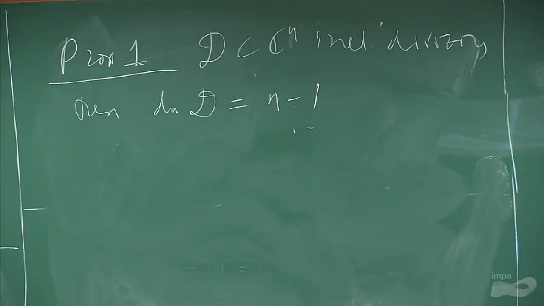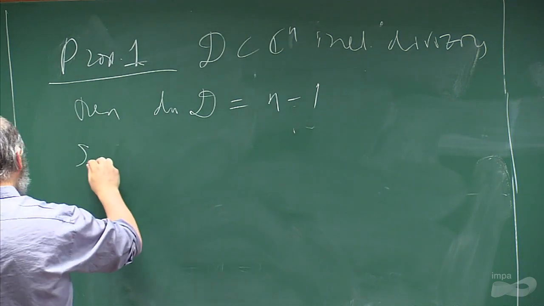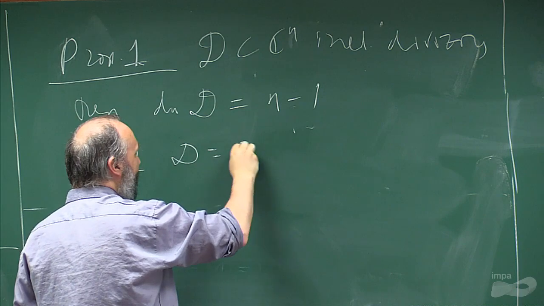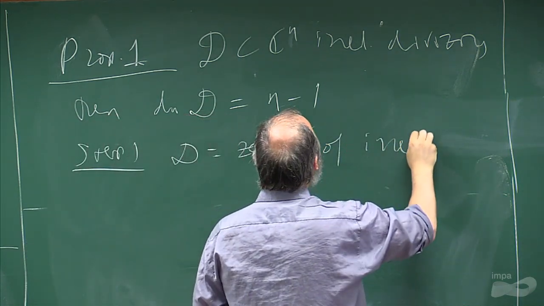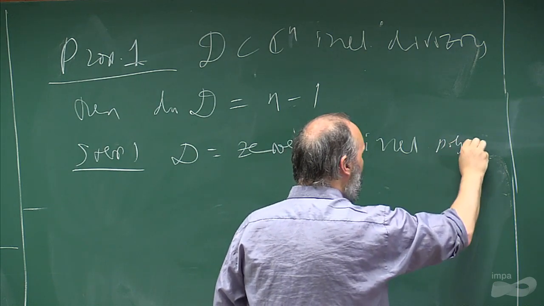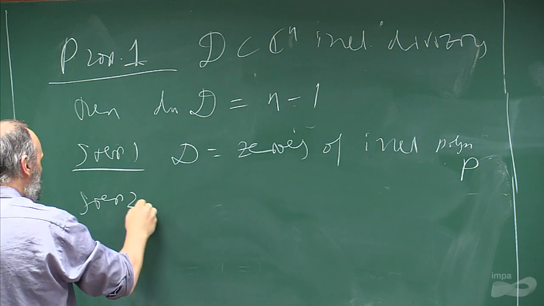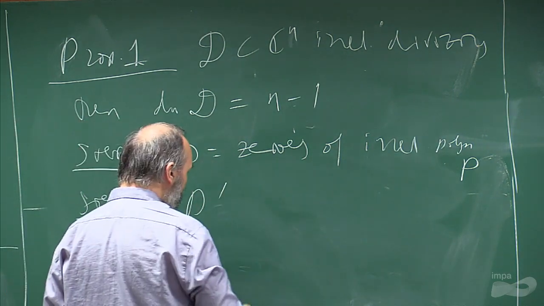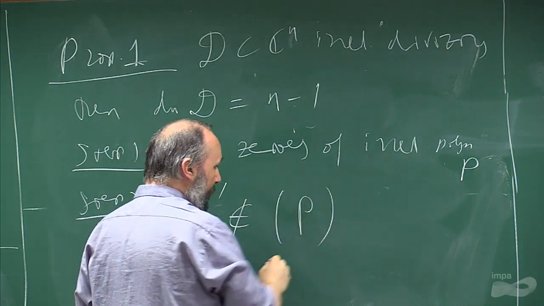Okay, so here is step 1, which I just explained to you. D is zeros of an irreducible polynomial p. Step 2 is that p prime doesn't belong to the ideal generated by p.